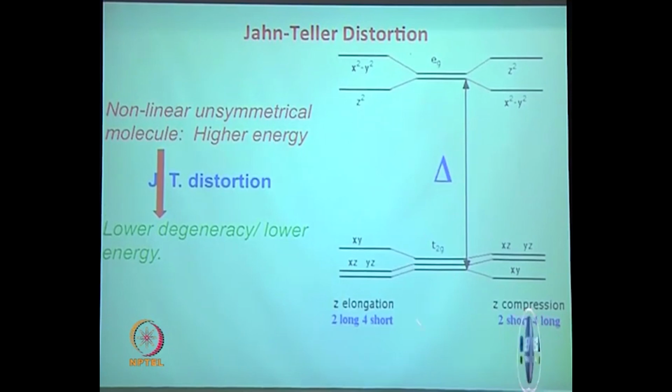If, of course, t2g is completely filled or symmetrically filled, then the configurations are either t2g3 eg1, t2g6 eg1, or t2g6 eg3.